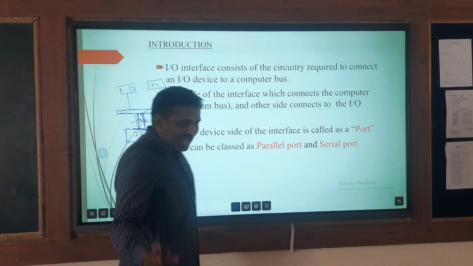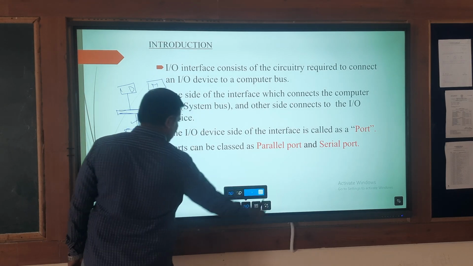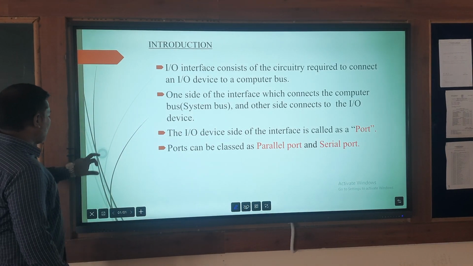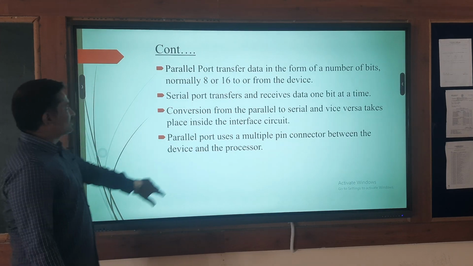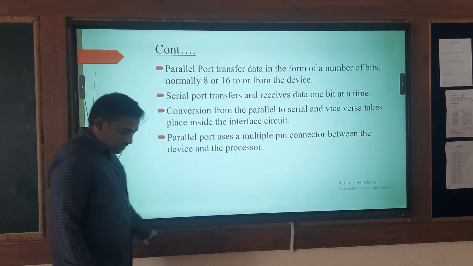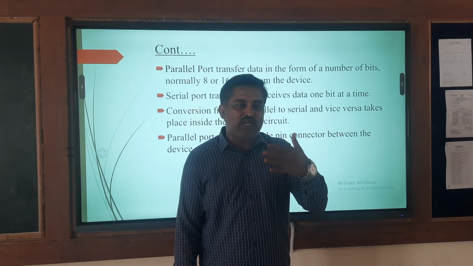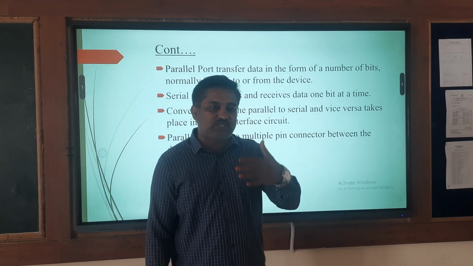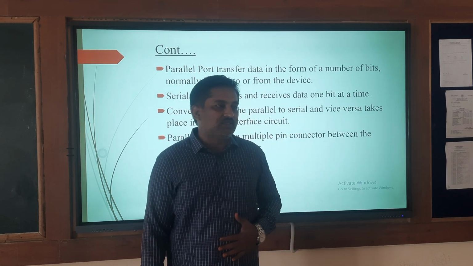So, ports are classified into two types. What are they? One is the parallel port and the other one is the serial port. Now, why do we require the parallel port as well as the serial port to transfer data from input-output devices to the computer bus?